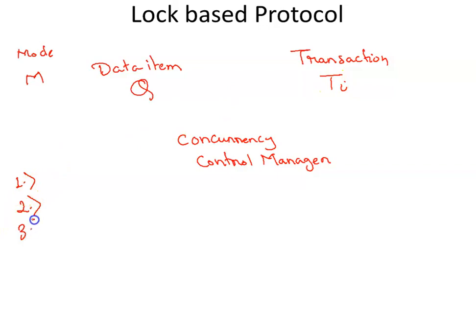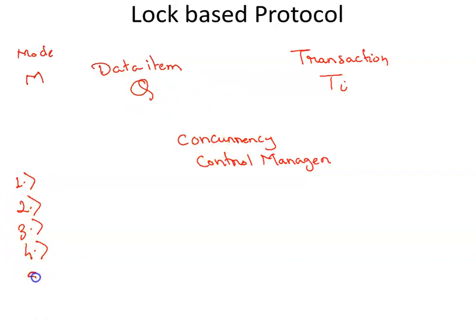Step number 3, transaction Ti will execute its next instruction only after the requested lock is granted. Step number 4, after Ti has finished with Q, it will release the lock on Q. This change in the locking state of Q may make it possible for the concurrency control manager to grant a lock on Q to some other waiting transactions.